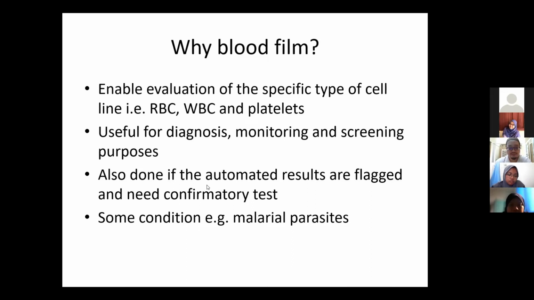So sometimes we do need to confirm with a manual count, and the manual count will also enable us to get a much more precise diagnosis, because we can see the morphology of the cells. Cells that may be presenting with what we call a basket appearance won't be seen by the machine. This can only be seen when we do the smear and then we stain.